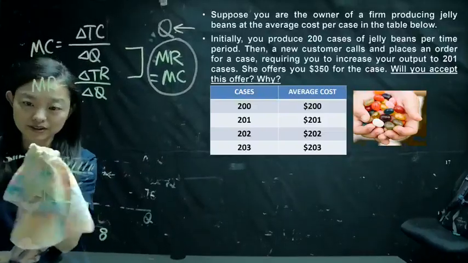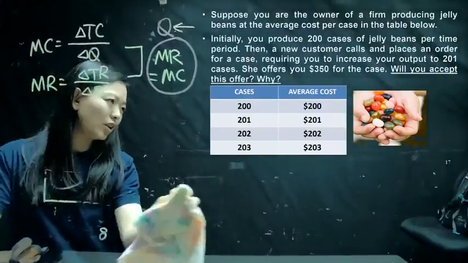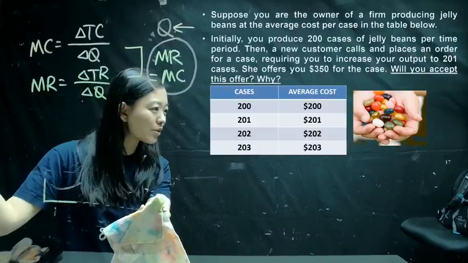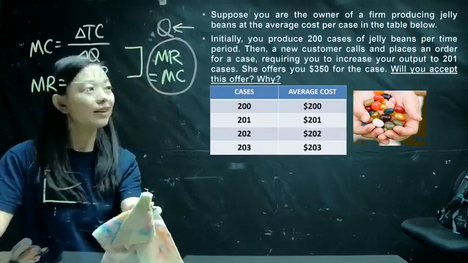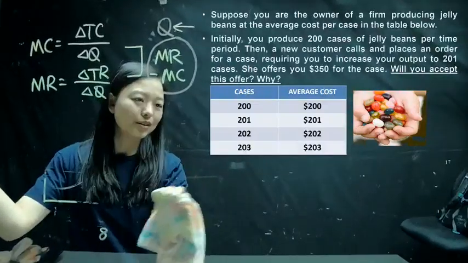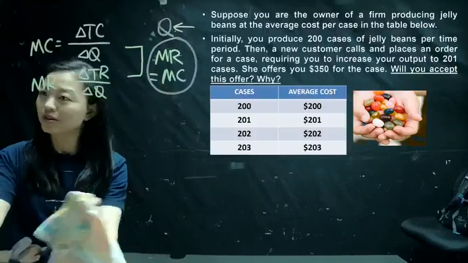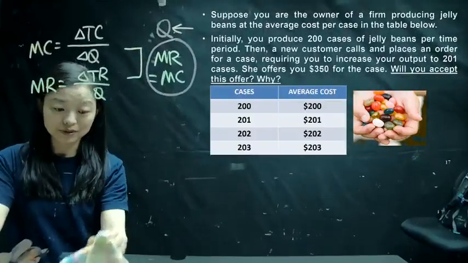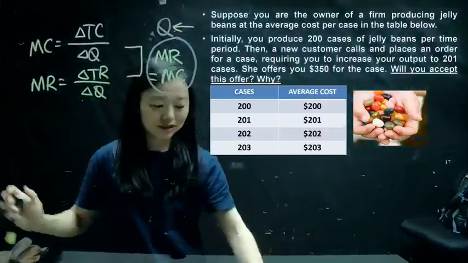Why or why not? Look at this table. Producing 201 cases, the average cost is $201, and this customer offers you $350 for that case. It seems profitable, right?